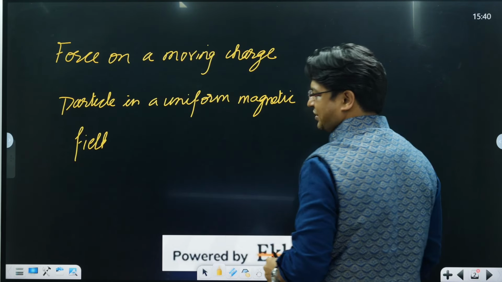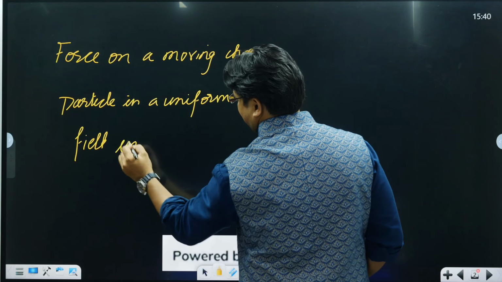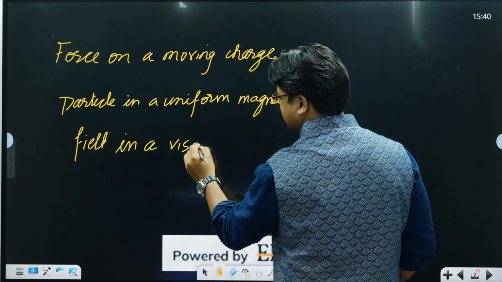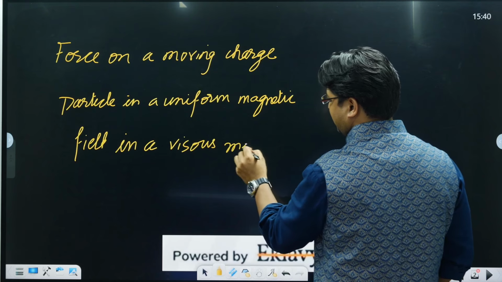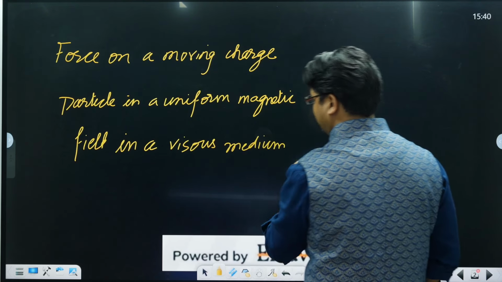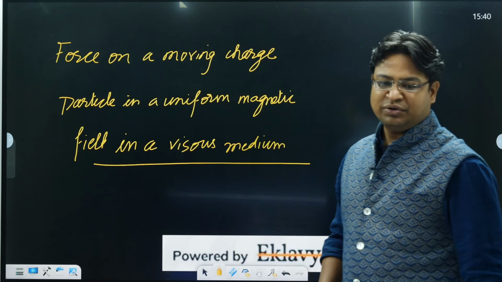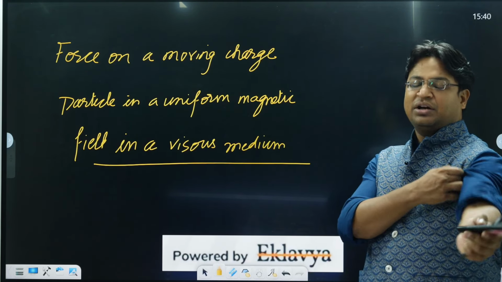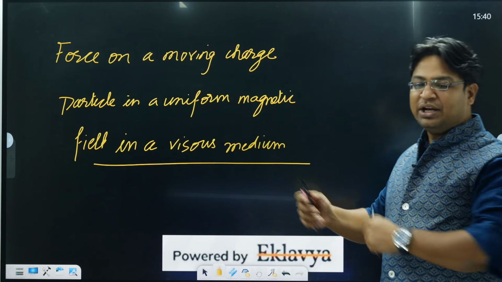Now till this, everything is okay. You have studied this. In a viscous medium. Now this is something which is new, probably. We are going to discuss the force on a moving charge particle in a uniform magnetic field, in a viscous medium.